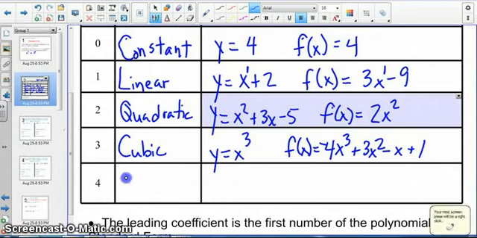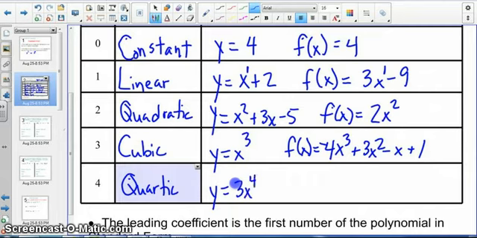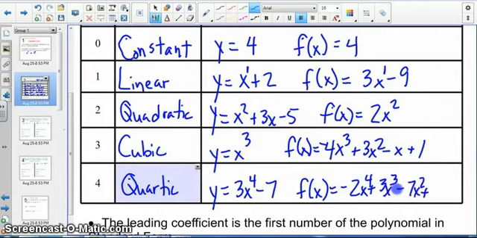Now 4, if your highest exponent is a 4, we call these quartic. The way I remember these is because it takes 4 quarts to make a gallon. So an example could be y equals 3x to the fourth minus 7, or f of x equals negative 2x to the fourth plus 3x to the third minus 7x squared plus 4x minus 1.